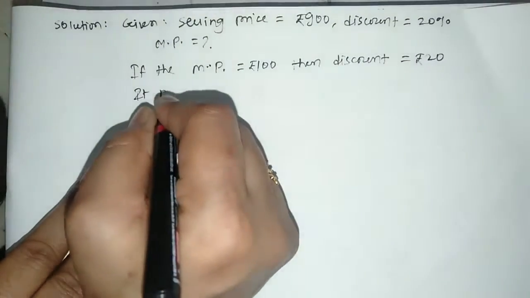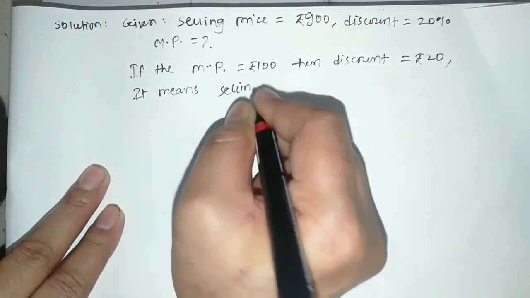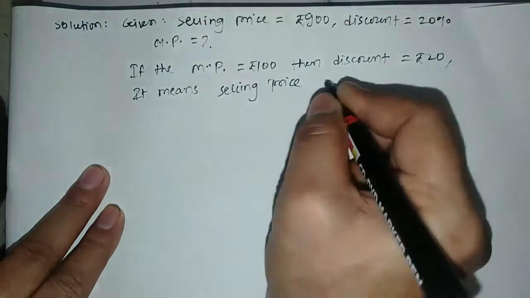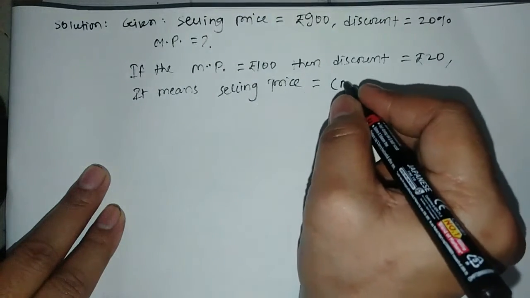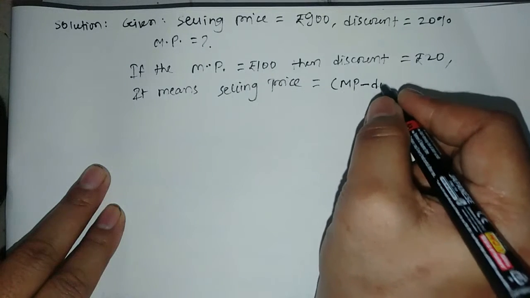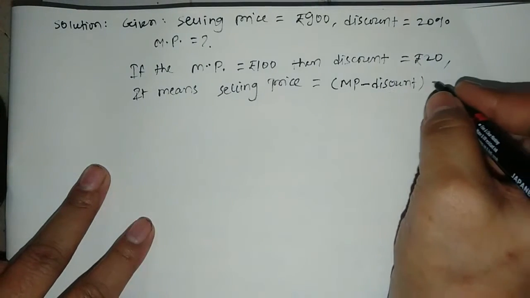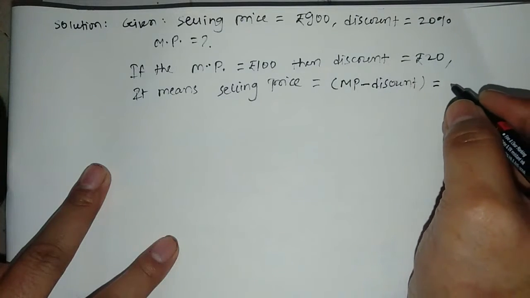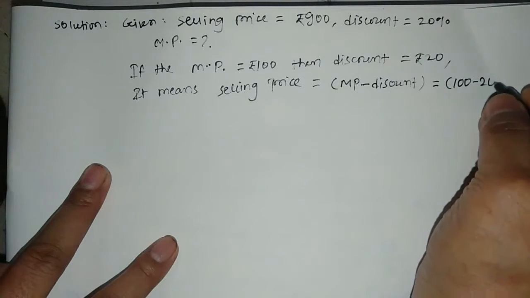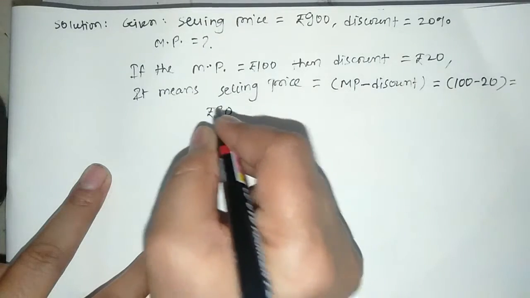It means selling price is equal to mark price minus discount, correct, is equal to 100 minus 20 equal to 80 rupees.